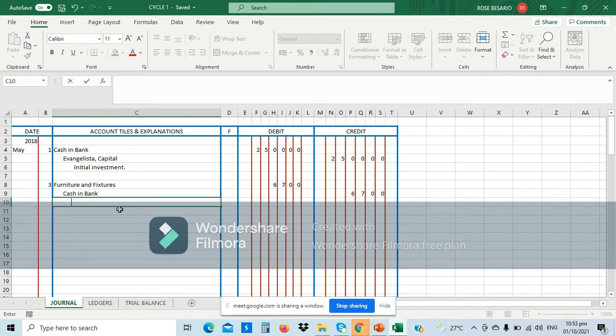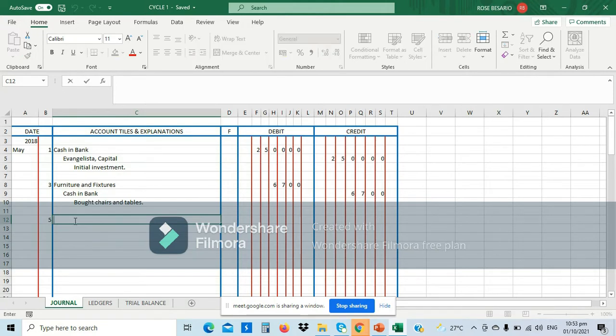So indent, you can have it: bought chairs and tables.